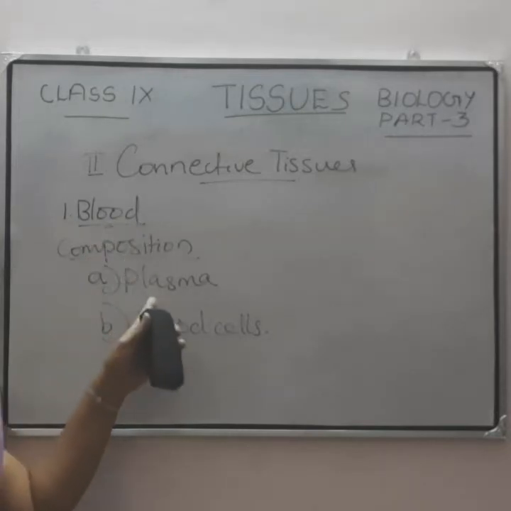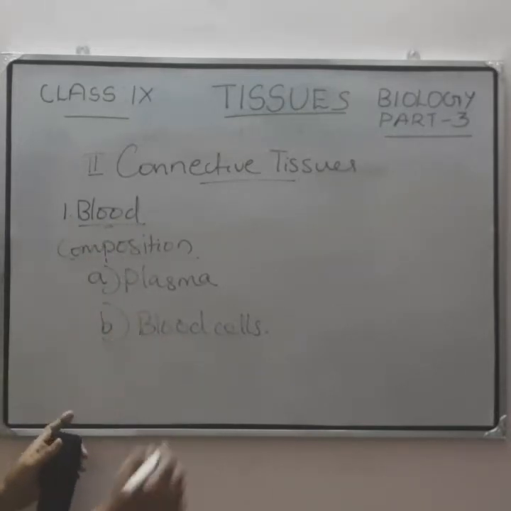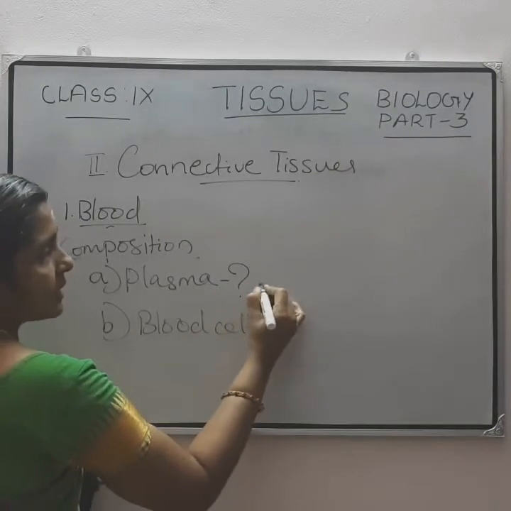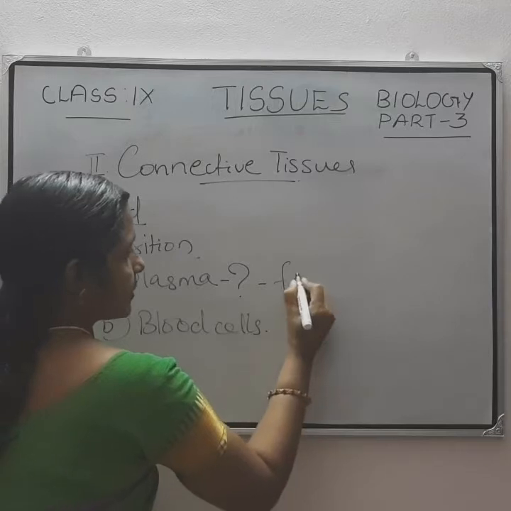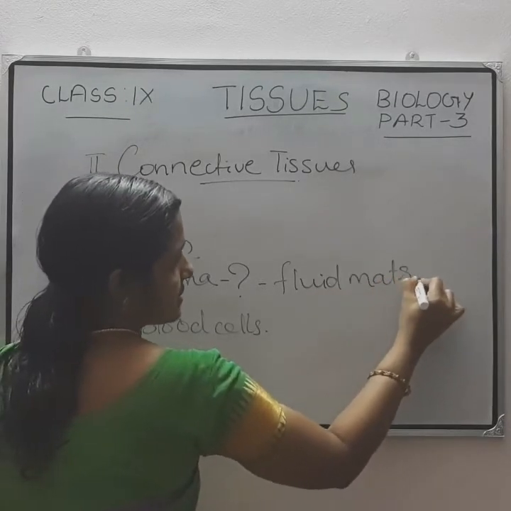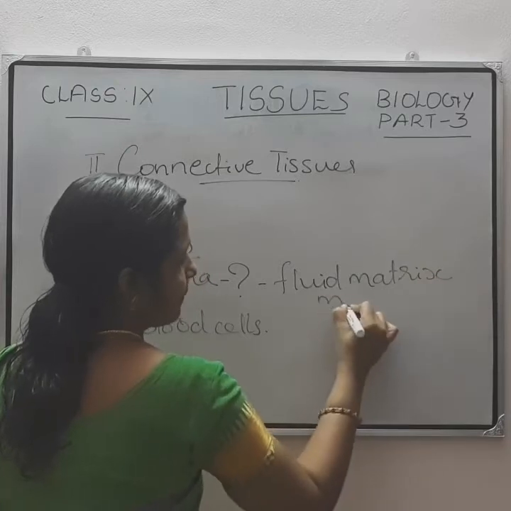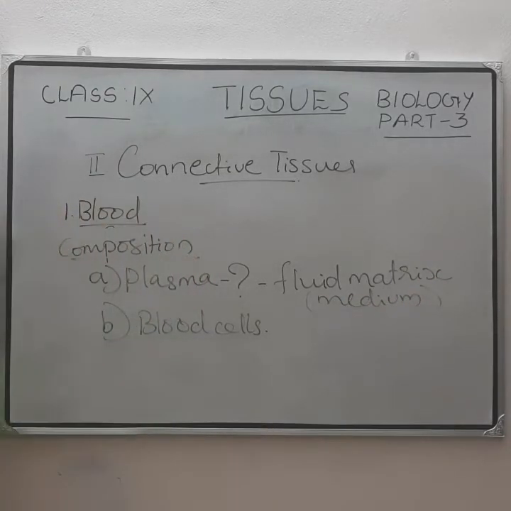So blood is composed of a part called plasma and blood cells. Then what is plasma? It is the fluid matrix of the blood. The fluid or liquid matrix or medium of the blood is called plasma.